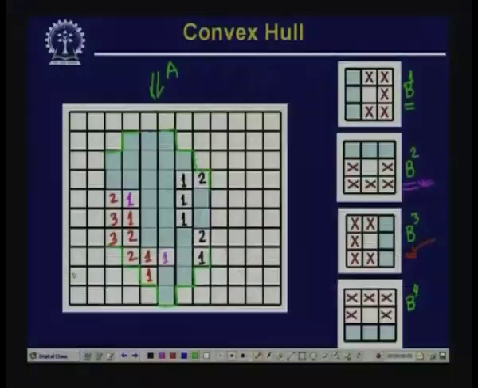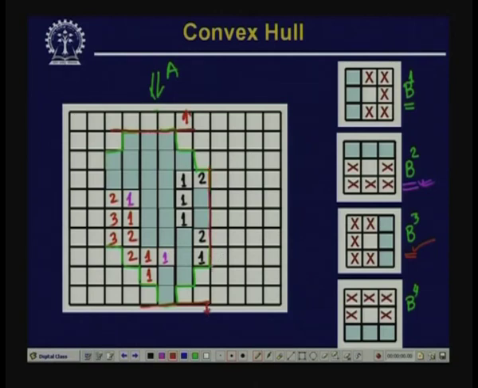So, now the question is how we can get the real convex hull, in the sense that the set is minimal. That can be done by limiting the expansion of the region beyond the horizontal and vertical limits of the original point set. The horizontal and vertical limits of the original point set are like this. In the vertical direction, I do not have any point beyond this.